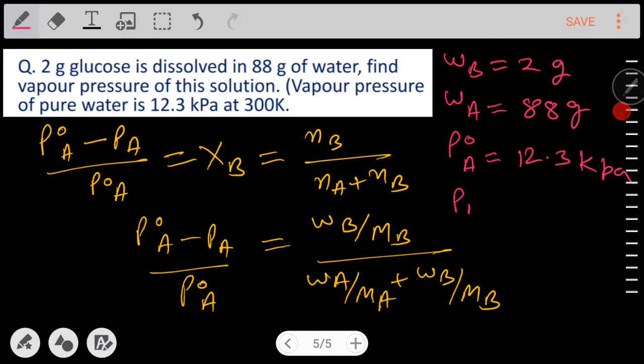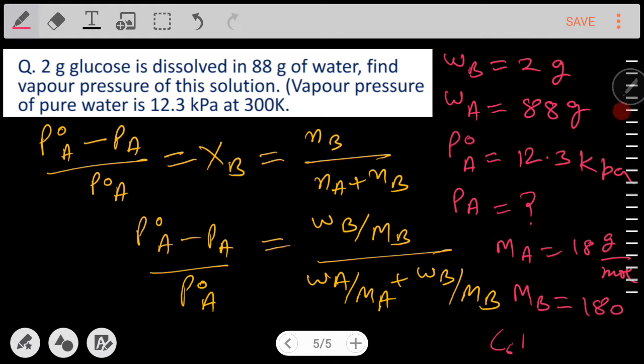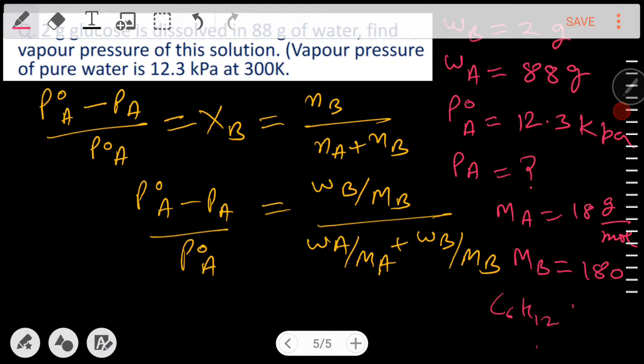And we have to determine the value of PA, that is the vapor pressure of this solution. Molar mass of solvent MA is 18 gram per mole. This is the molar mass for water. Water is solvent here. And molar mass of solute MB is 180, as the solute is glucose here. The formula of glucose is C6H12O6.